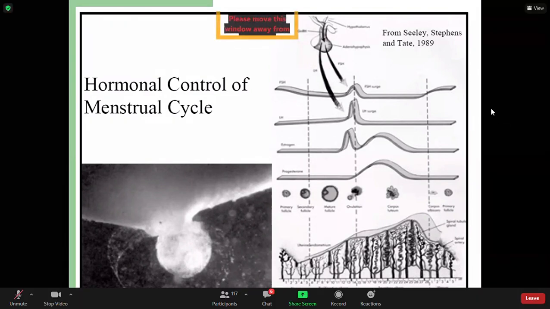Nagpo-proliferate pa lang yung thickness niya. You will see that the glands are straight. You will have shorter arteries, okay? Non-coiled arteries, straight glands, and it is thinner pa yung uterine wall, okay? Or uterine lining.